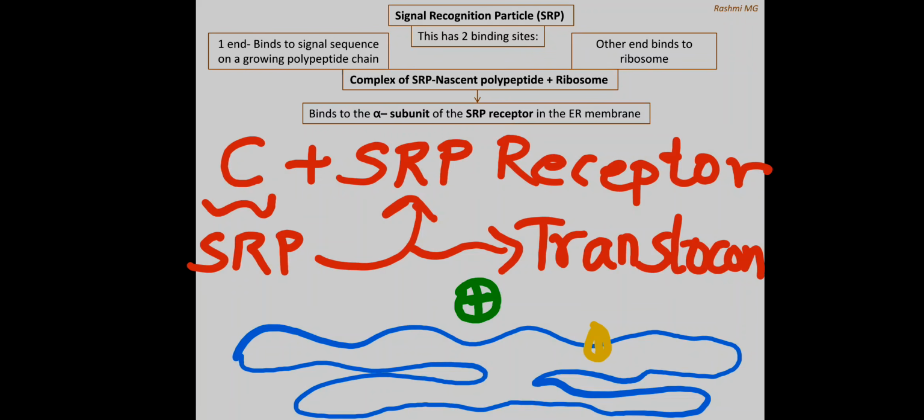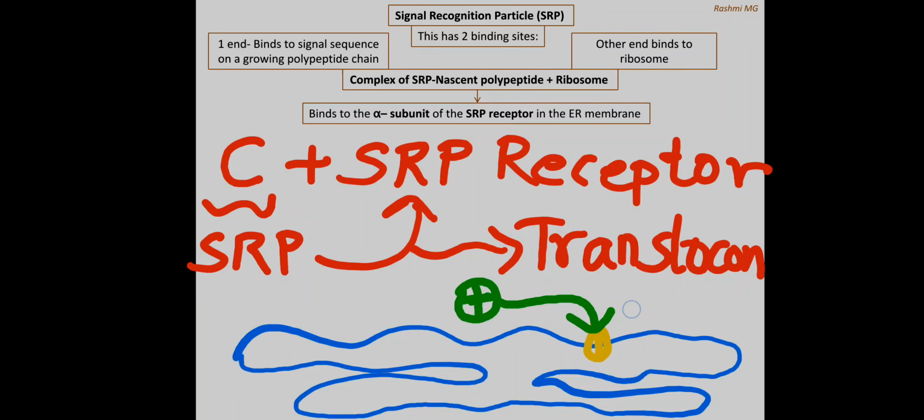What does it contain? It contains SRP, nascent polypeptide, ribosome, and the alpha subunit of the SRP receptor, right? It will be directed to the translocone, especially the N terminal.